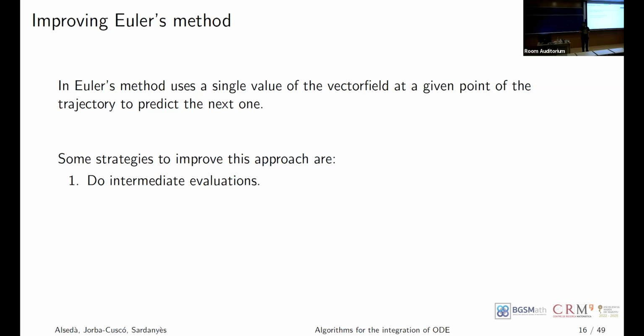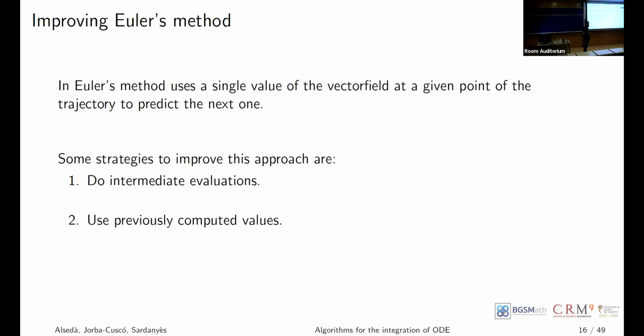I mean, using more information than Euler is using. Second way to improve, use previously computed values. So now, if with the Euler method, I start at x0, then I predict x1, and immediately I throw x0 to the garbage.